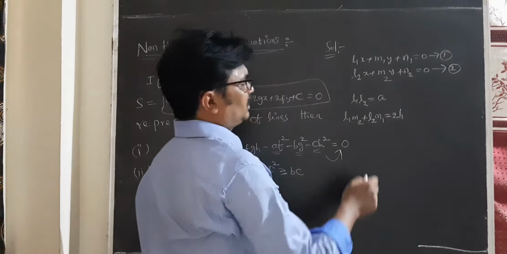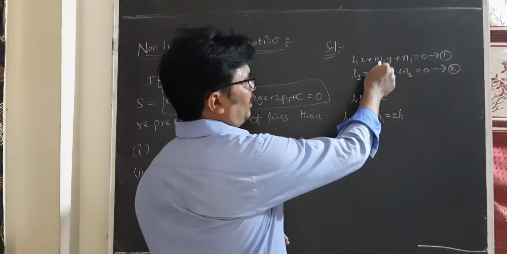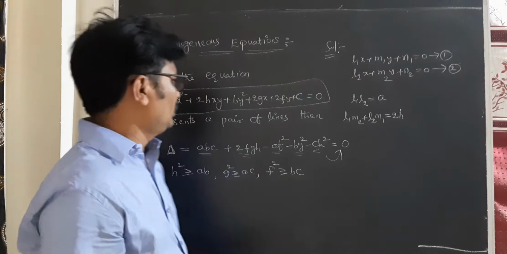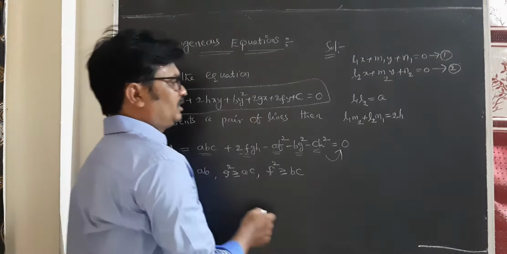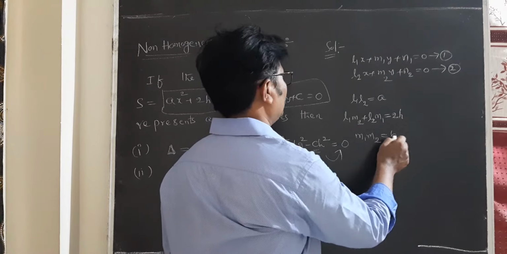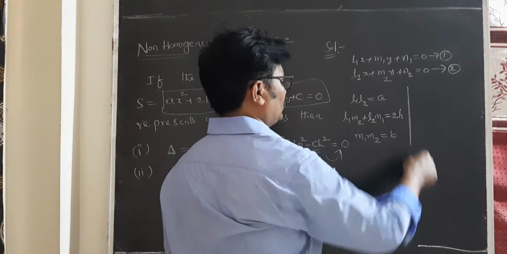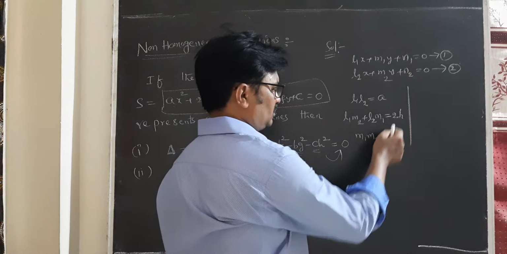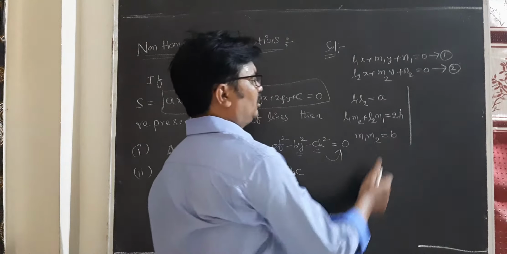After that, M1 into M2 is the y square coefficient, and here the y square coefficient is b. Therefore M1 M2 equal to b. We know from the previous theorems also that L1 L2 is a, L1 M2 plus L2 M1 is 2h, and M1 M2 equal to b.